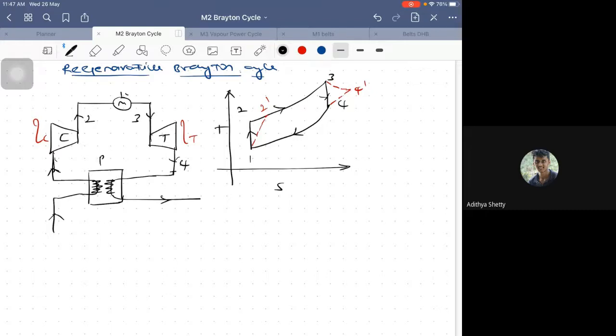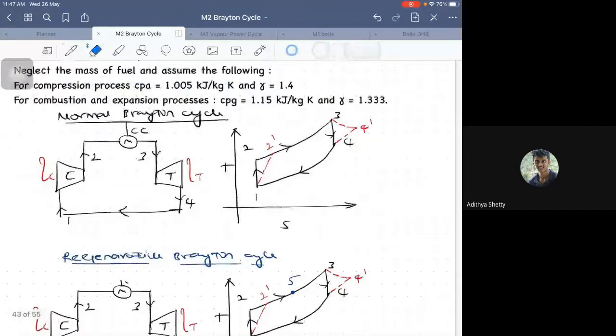So this is known as the regenerator. Here the heat would be exchanged, and this particular state we called state 5, and we have marked state 5 here. So this is what was happening. Previously, in an open gas turbine cycle, 4 would be 1.